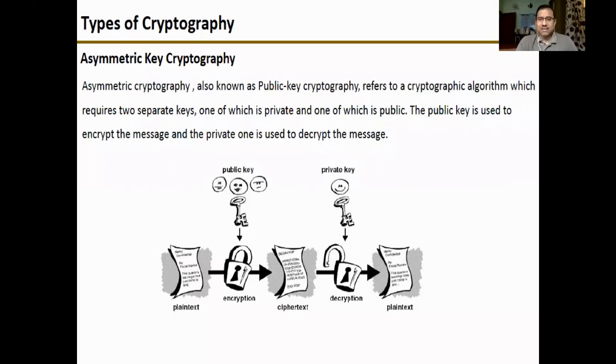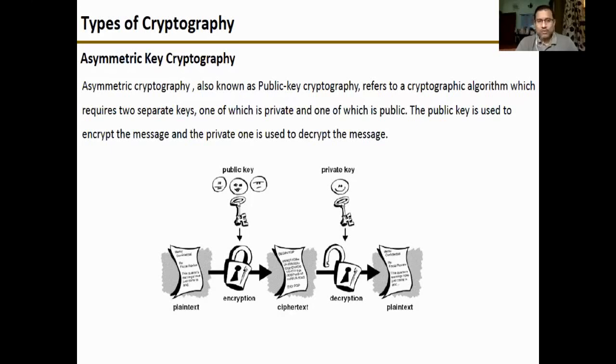So if A, B, C are communicating, then each of A, B, and C will have its private key as well as public key. The public key of A will be known to B and C, whereas the private key of A will only be known to A. Same for B and C. B will also have a public key and private key. The public key of B will be known to both A and C, whereas the private key of B will only be known to B. And this is the way the entire setup works.